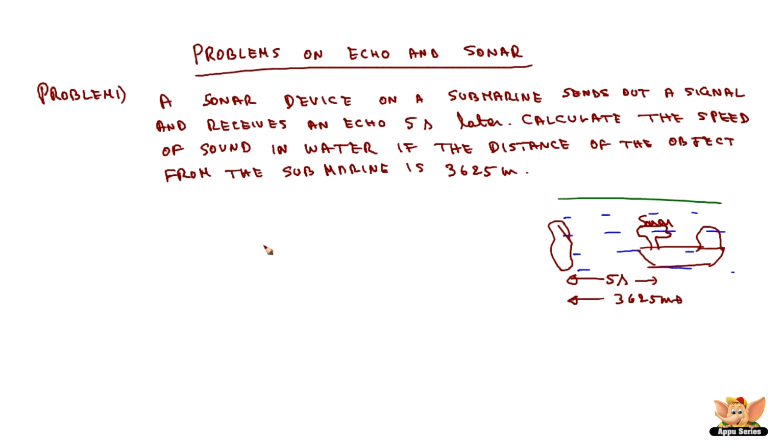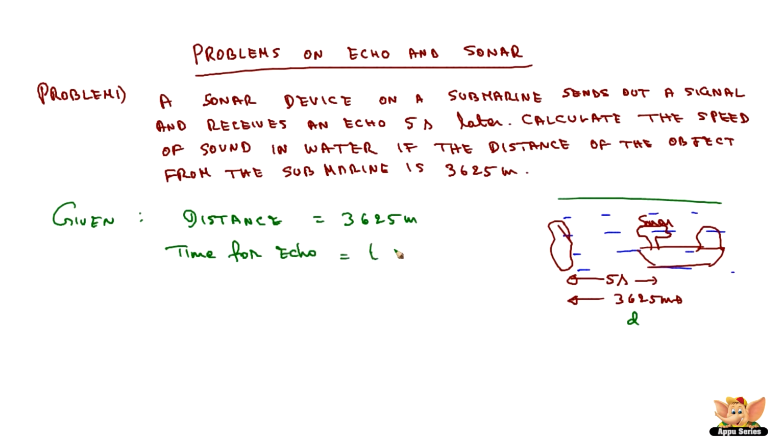We need to find the speed of the sound in water. So the given is the distance between the object and the submarine, d, is 3625 meters, and the time for echo, t, is 5 seconds.